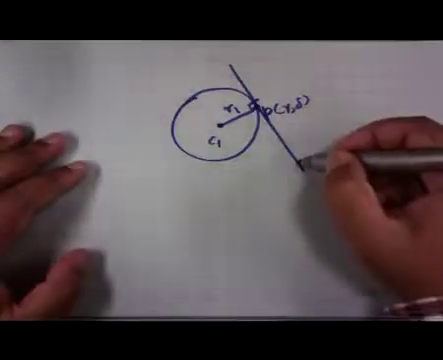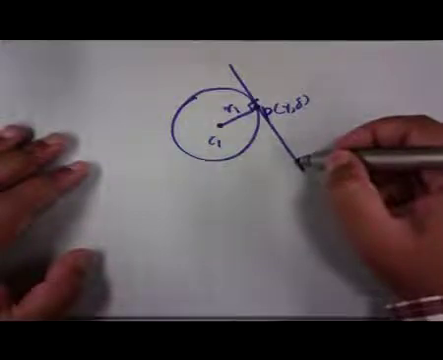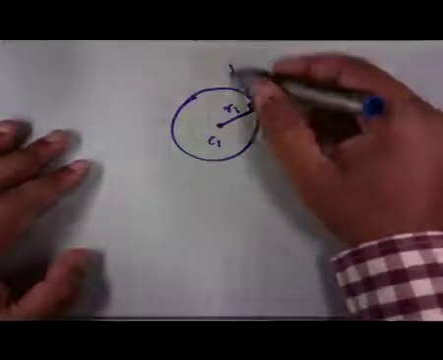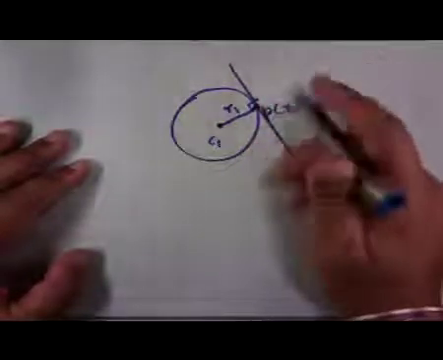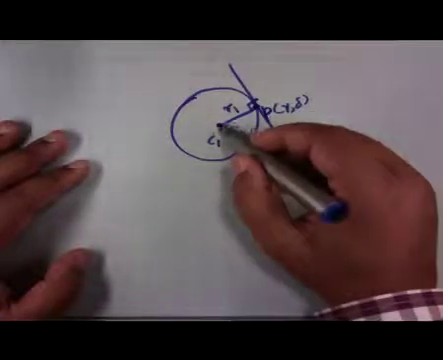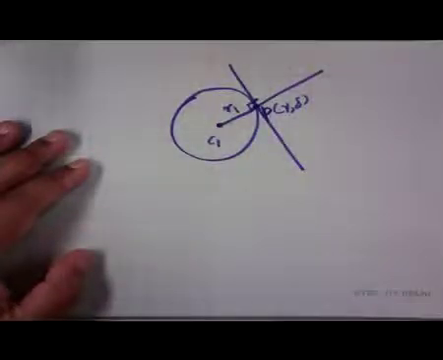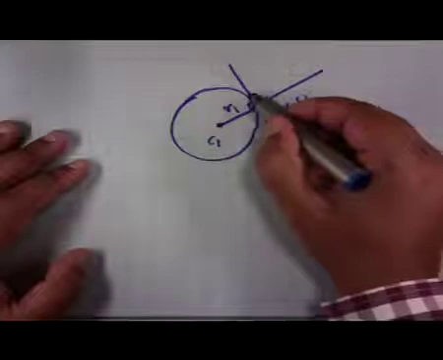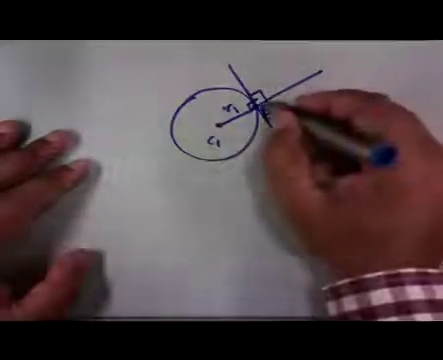Now, since this is a common tangent to both the circles, this line is also a tangent to the second circle. Further, we know that this point P lies on the straight line joining the two centers. So if we produce this line further, which means that this angle is also 90 degrees, the center of the second circle has to be somewhere on this line.